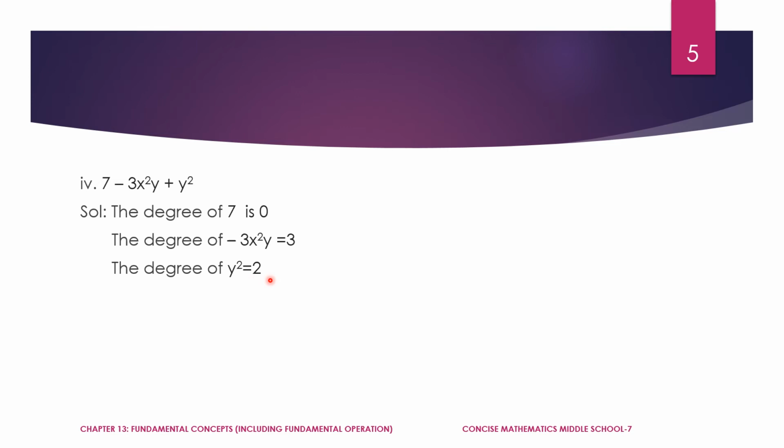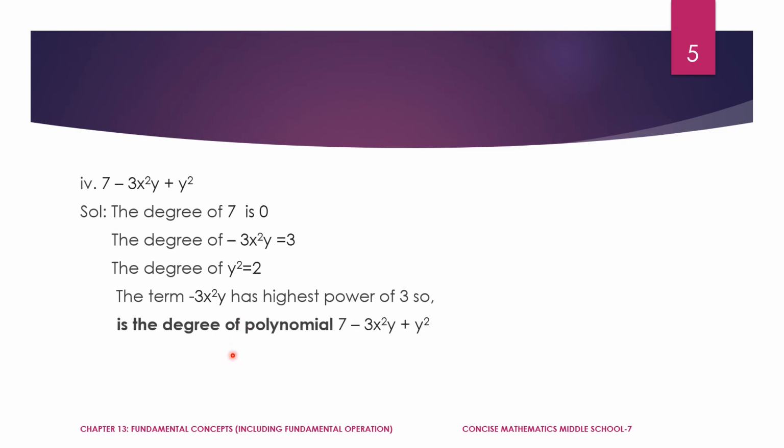We all know that 3 is the greatest number, so 3 is considered as the degree of the polynomial 7 minus 3x square y plus y square. Sorry, I forgot to write 3 over here. 3 is considered as the degree of the polynomial.